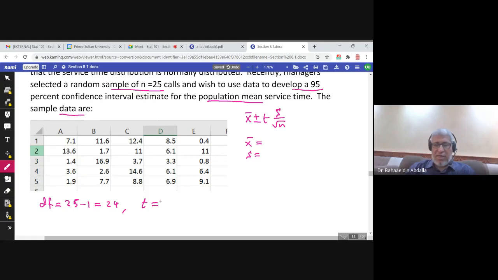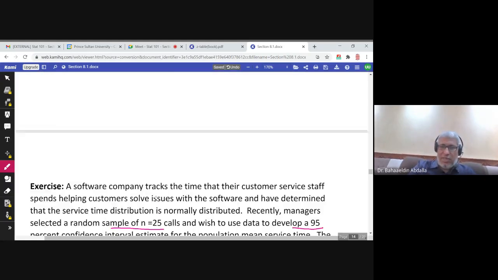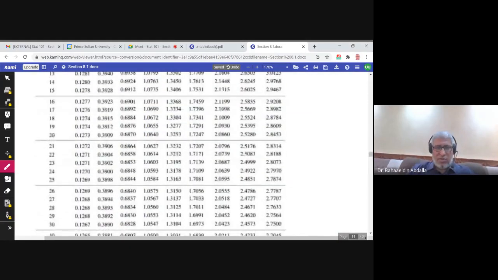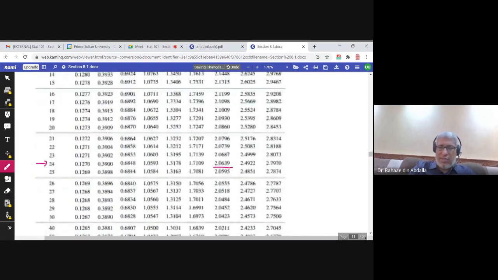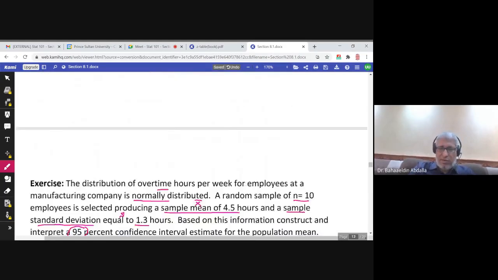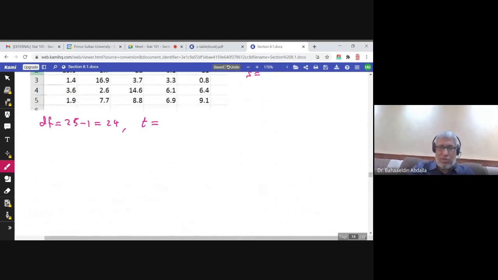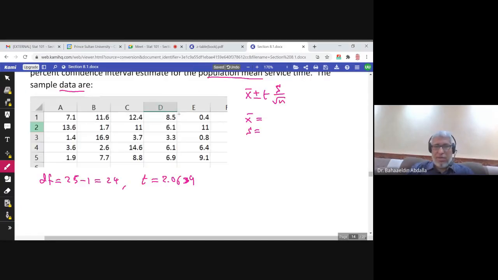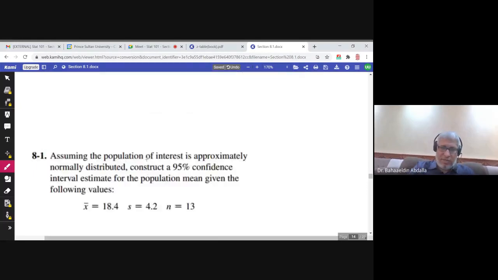So we go to the t distribution, row 24, and 0.95. The number is 2.0639. So that's t. Once you have x bar and s from the calculator, you can find the confidence interval.